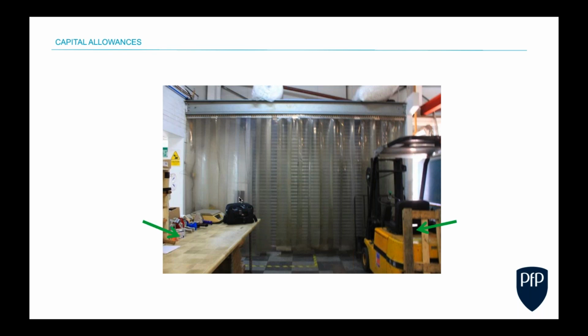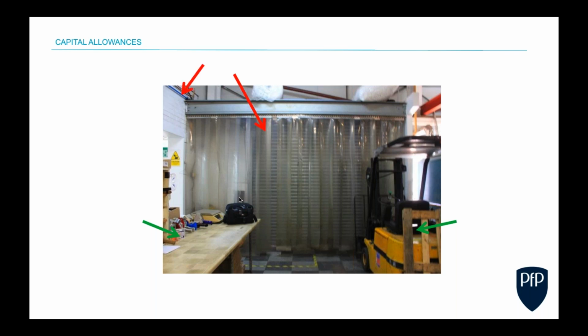So green arrows are indicating items of plant and machinery, but they are not fixtures. And therefore, the new legislation from FA12 does not have a bearing on them. You can certainly add the value of the forklift and the desk into the capital allowance pool and so on, not a problem at all. But what we're concerned with today are the items that are attached to the building.